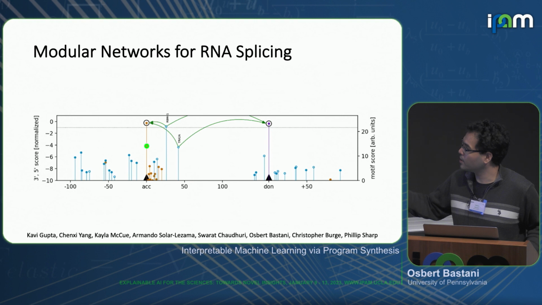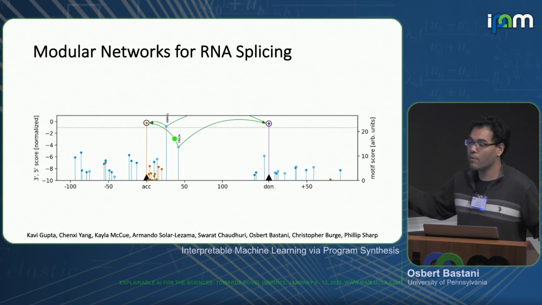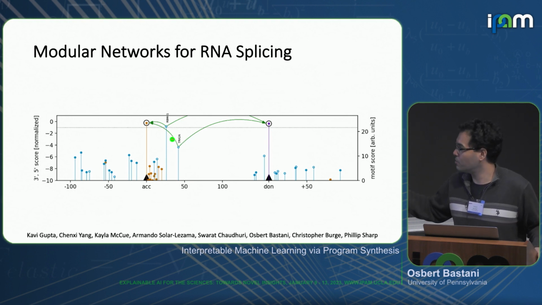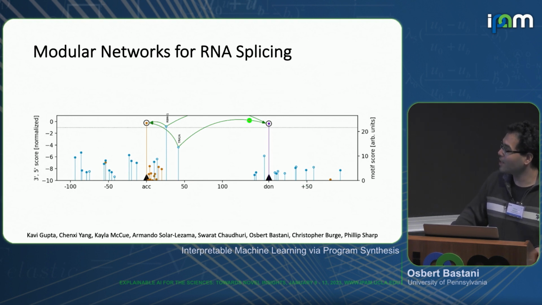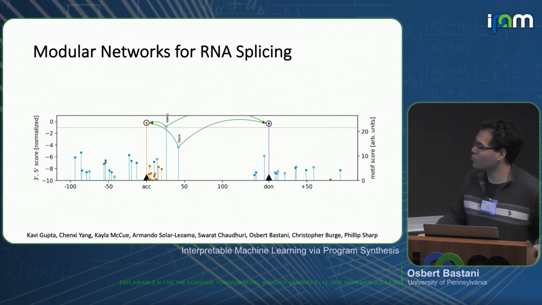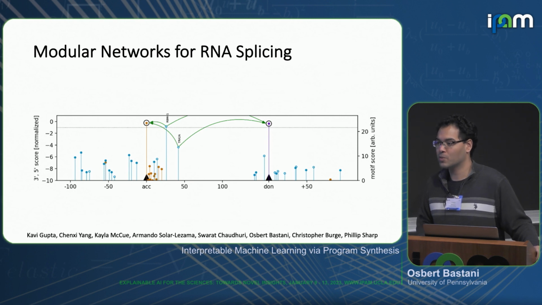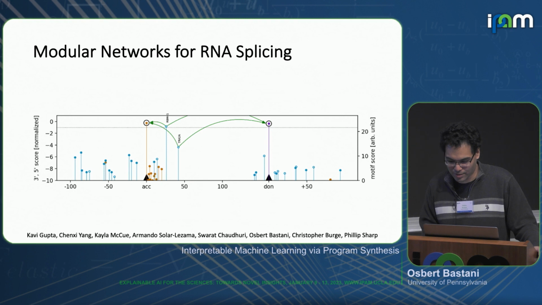You can see that the proteins bind to the RNA sequence at various points, and we can identify which ones are, at least according to our model, most responsible for splicing. We're still trying to understand exactly how well these correspond to the real splicing mechanism, but we have some promising results in that direction as well.